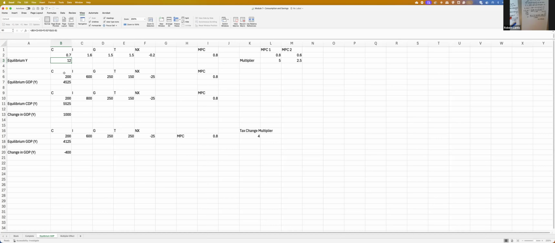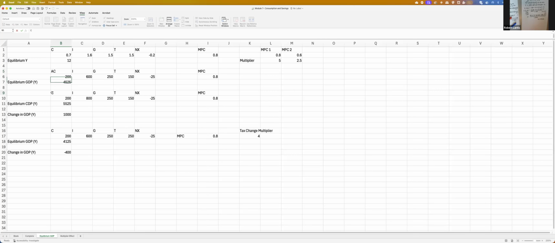I'm going to do kind of a different one here, where let's think about we have this overall level of consumption, right? So I've got 200. I've got my investments, my government spending, taxes, and then net exports. What I actually want to do is kind of how do we solve for this equilibrium level of GDP.